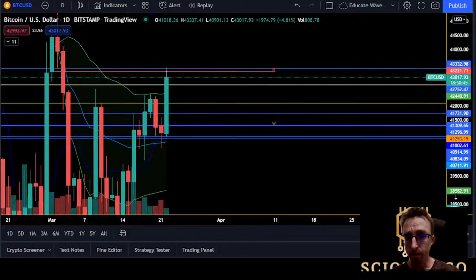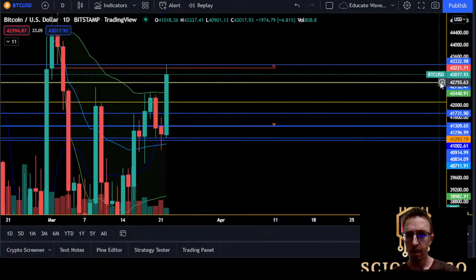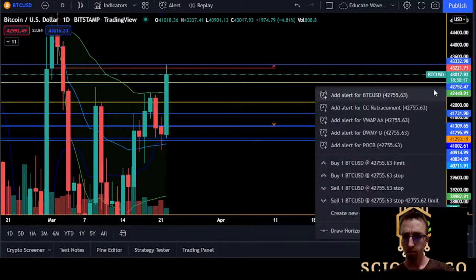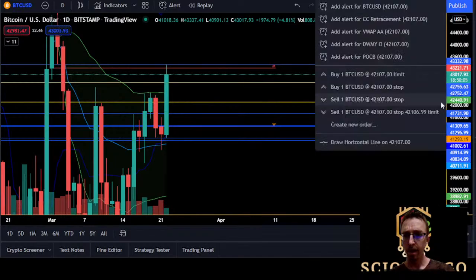All right, so this is my Scion Algo wave level. Let's draw a line here. And then this one, 42,107. This is something that we should look at to retrace to.